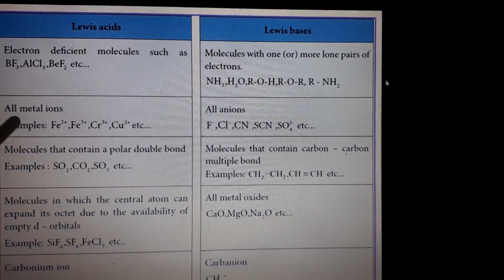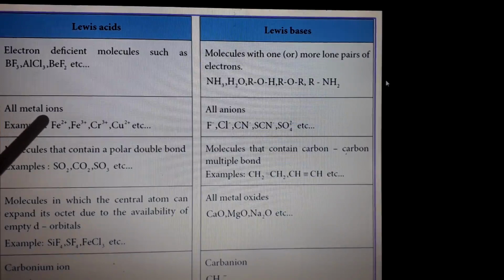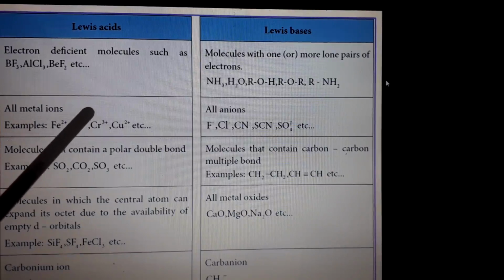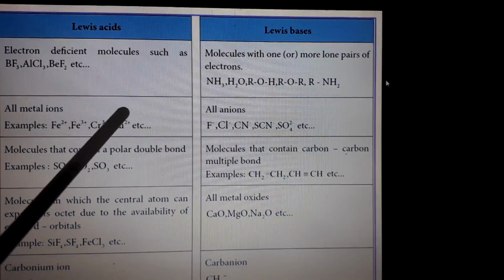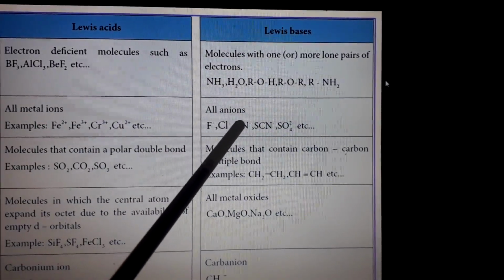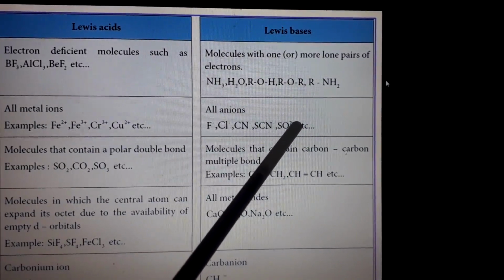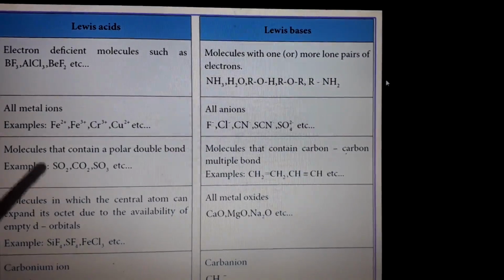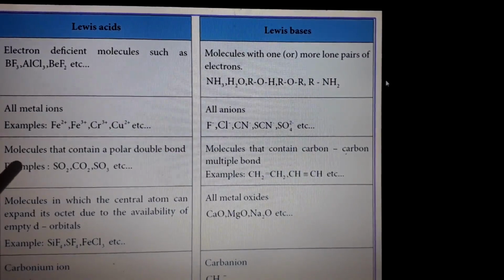Metal ions are Lewis acids because they are ready to accept a pair of electrons. Fe2 plus, Fe3 plus, chromium 3 plus, copper 2 plus, these are the metal ions. Anions such as fluoride, chloride, CN minus, SCN minus, SO4 2 minus, etc. are the Lewis bases.